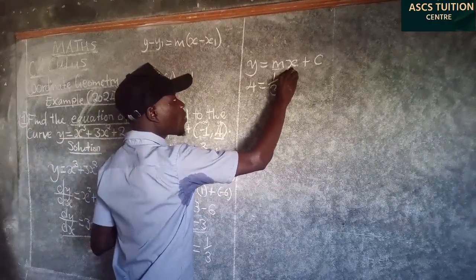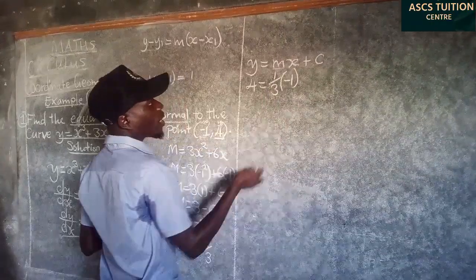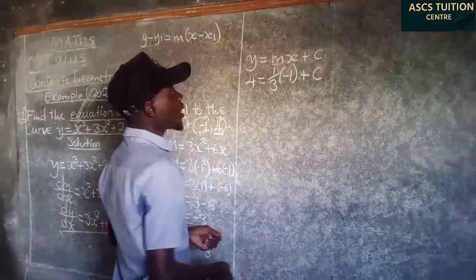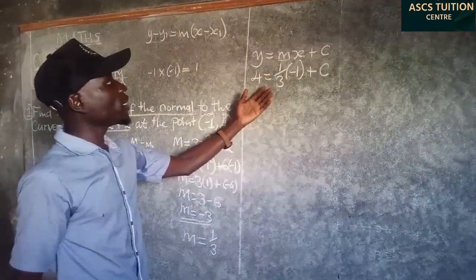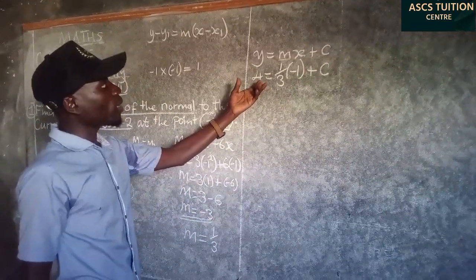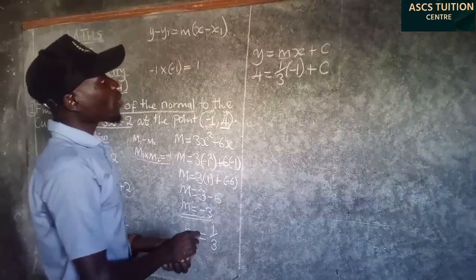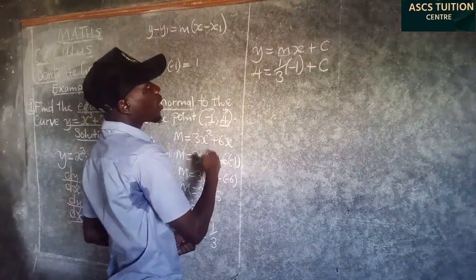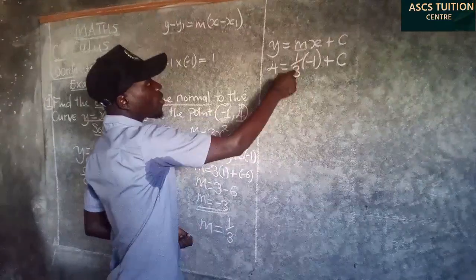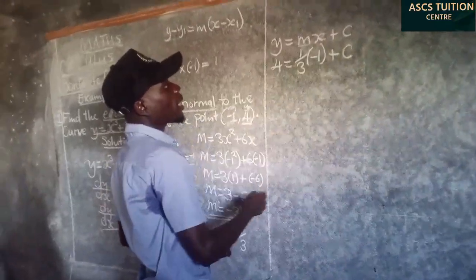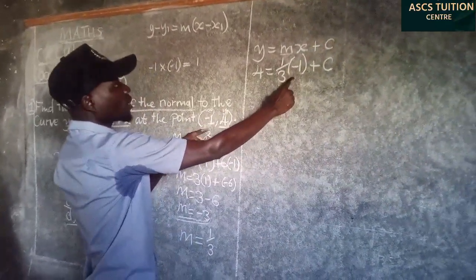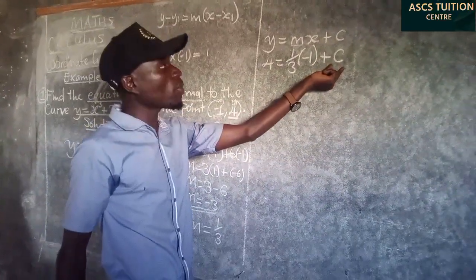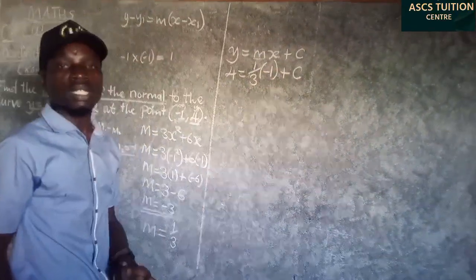So -1, you write like this. After that, you say plus c. Now, what are we trying to find here? When you look at the question, we have replaced 4 in place of y, 1 over 3 in place of m, and -1 in place of x. Meaning we are looking for the value of c, which is a constant.